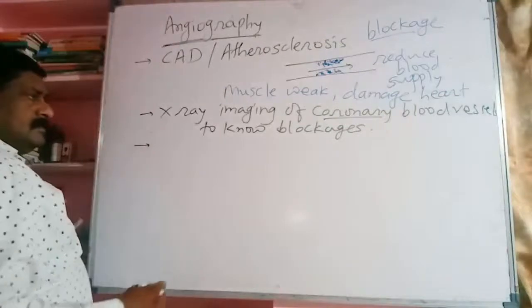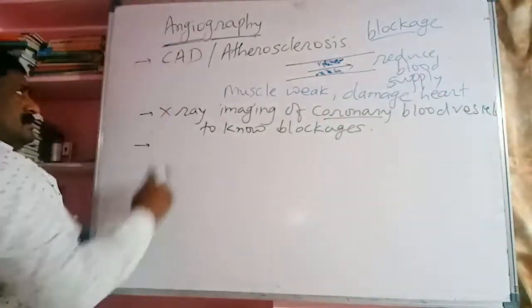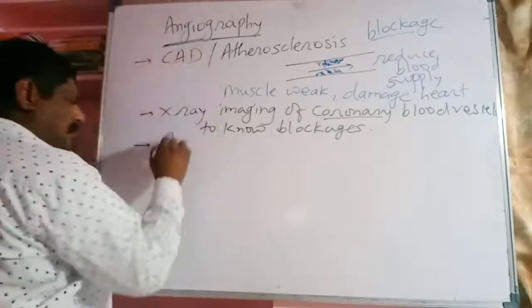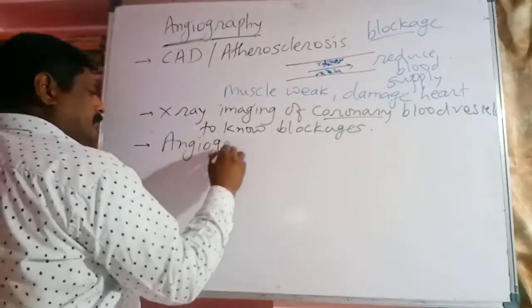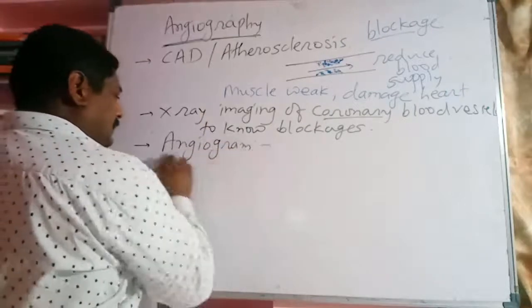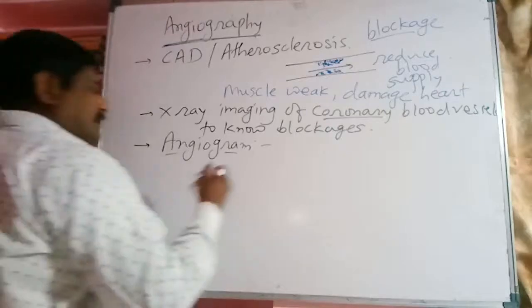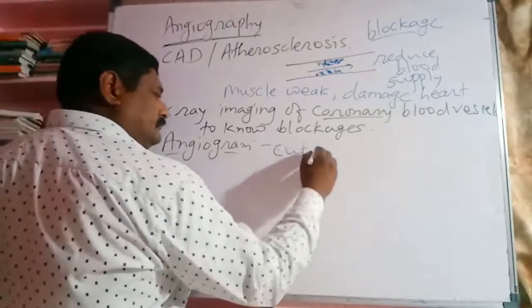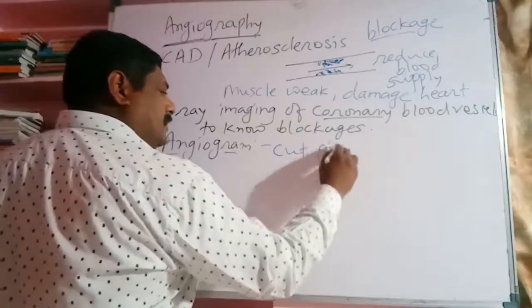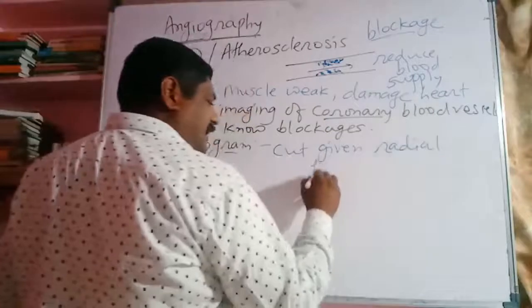So for this, the person is suggested to take an angiogram. Here in the angiography, a cut is given in the radial or the femoral artery.